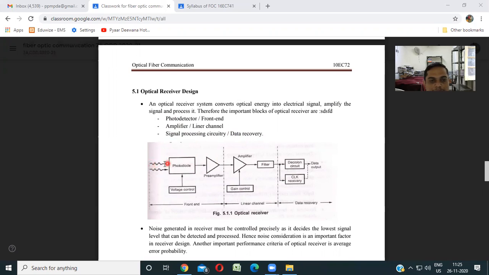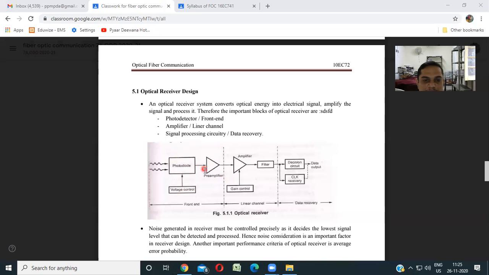These photons, the optical signals, are made to fall on the photodiode. Here we can have the pin or APD. There are two types of photodiodes: pin or avalanche photodetector. The voltage control is used to control the voltage here.